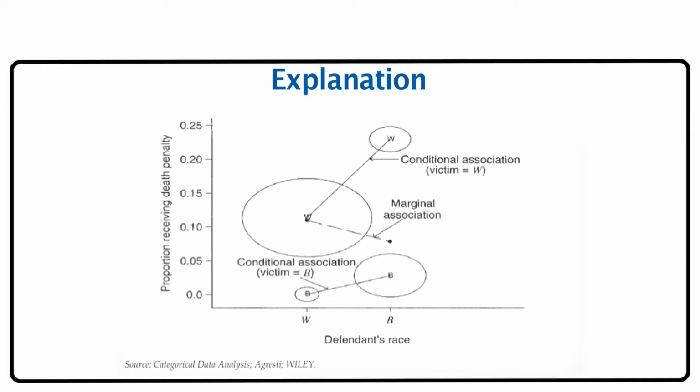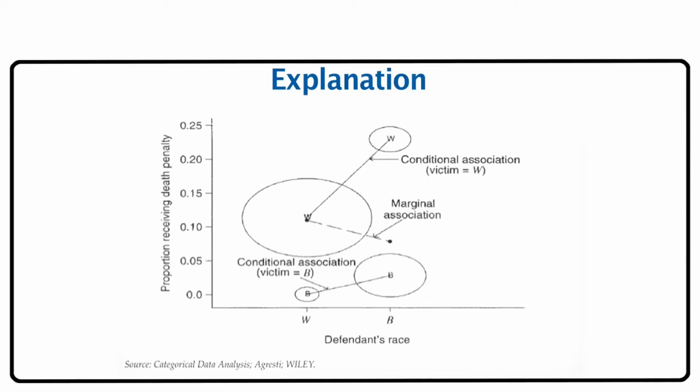So looking in this direction, the association we can say is positive. Similarly, if we look at the conditional association when the victim was black, then we connect these 2 points, and again the association we can say is in the same positive direction.